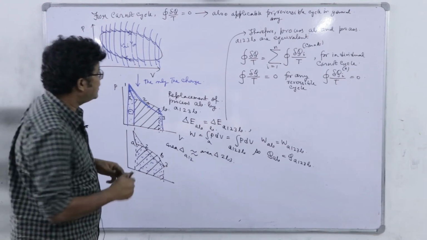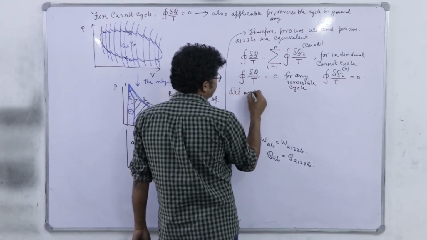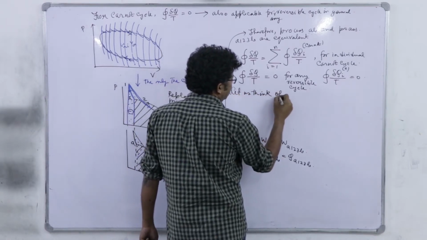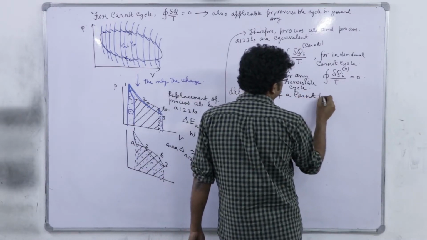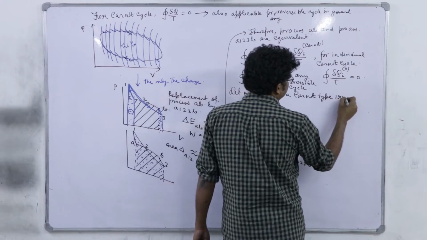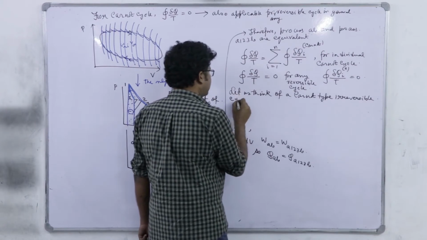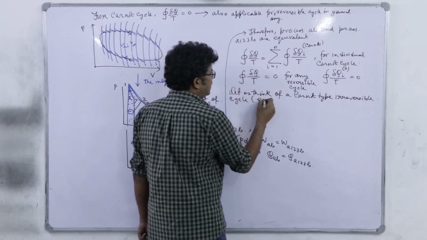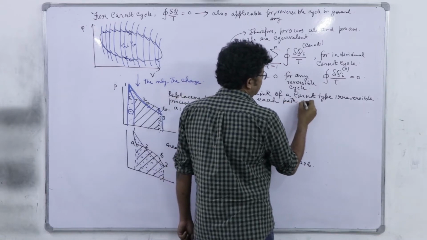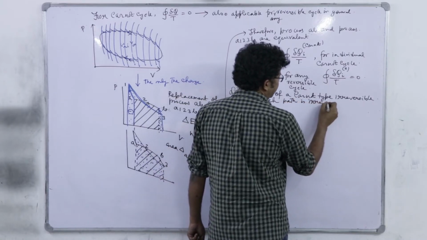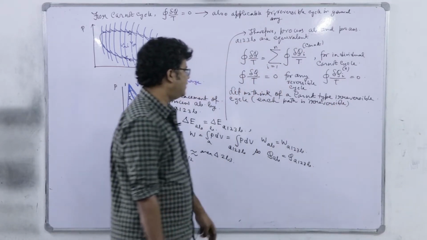Now let us think of a Carnot type irreversible cycle. Right? Each path is irreversible. Each path is irreversible.